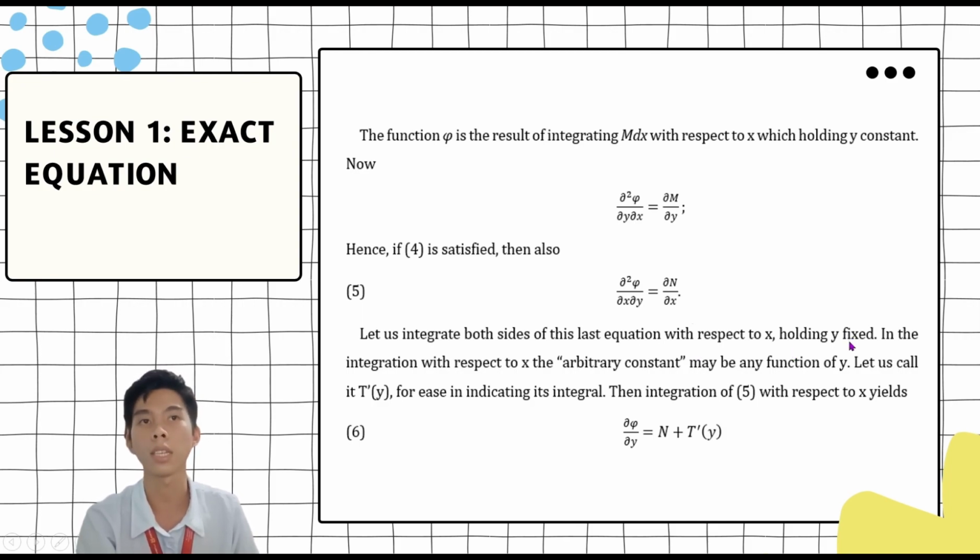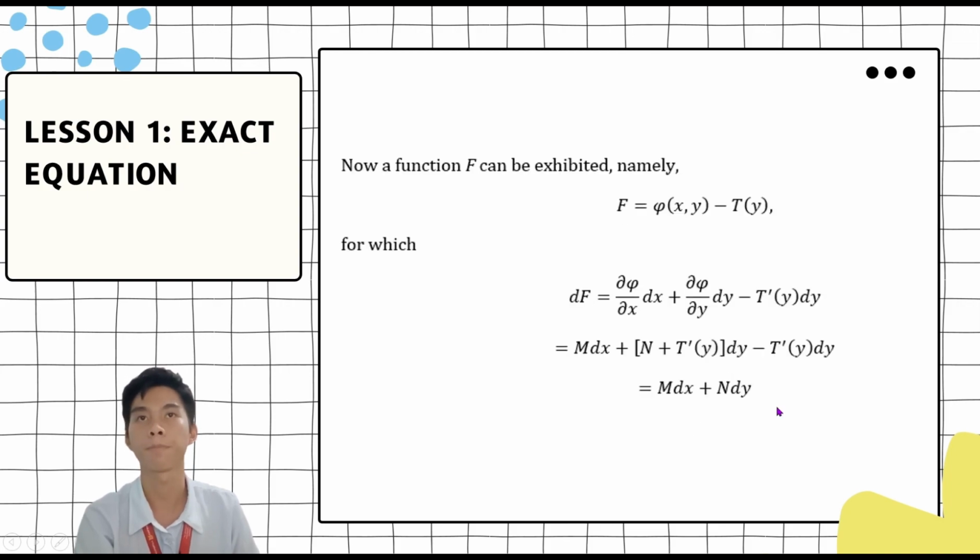In the integration with respect to x, the arbitrary constant may be any function of y. Let us call it t prime of y, for ease in indicating its integral. The integration of the fifth equation with respect to x yields that the partial derivative of phi with respect to y is equal to N plus t prime of y.